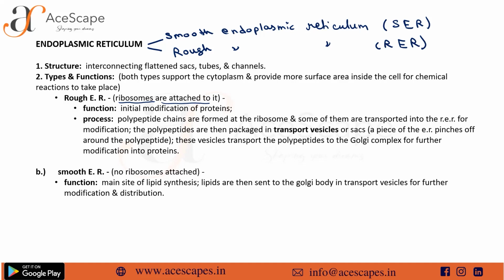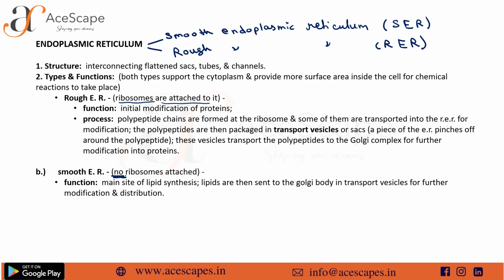Whereas in smooth endoplasmic reticulum, no ribosomes are attached. They are the main site of lipid synthesis. Rough endoplasmic reticulum was for protein synthesis, the smooth endoplasmic reticulum is the main site of lipid synthesis.